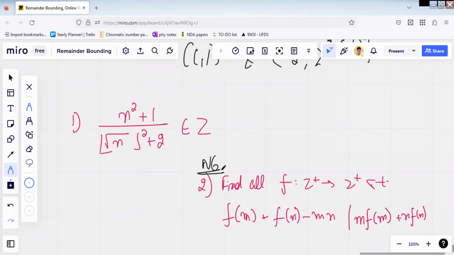This is an N6. Okay, which one do you want to do? As Alpha says APMO. Anyone else? Yeah, let's just do the APMO.